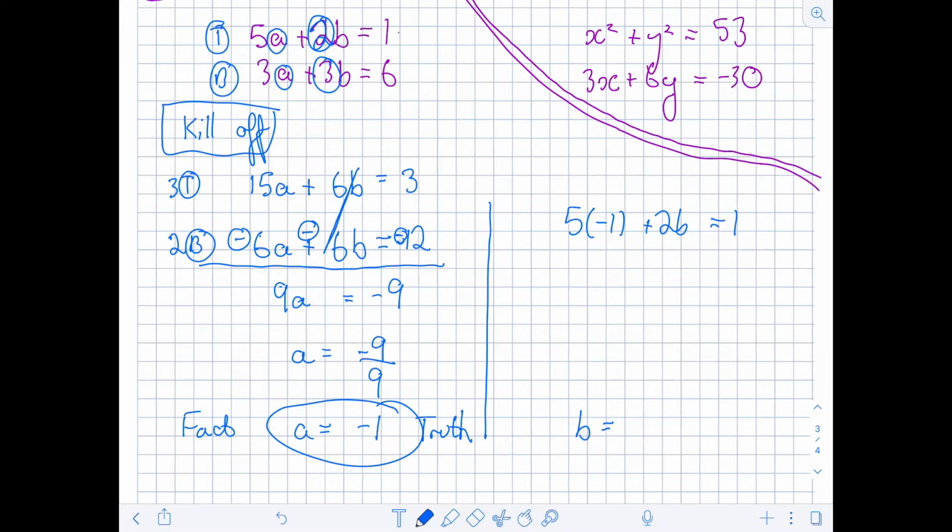So I have turned this a here into a -1, because that's our fact. A is equal to -1. I'm allowed to do that. So I now have -5 plus 2b is equal to 1.